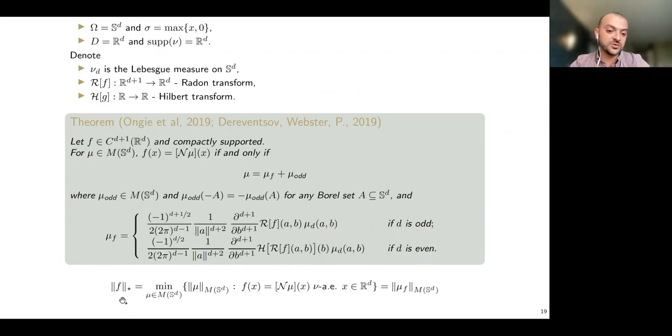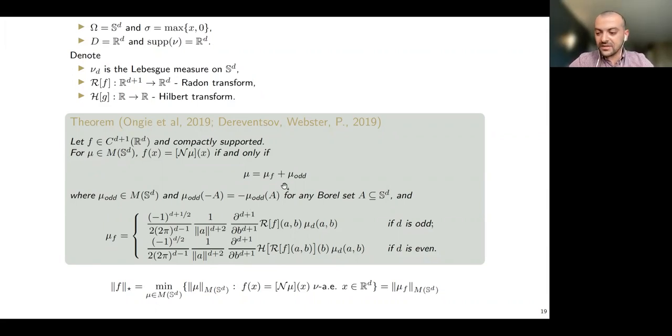If you want this f star to be small, you somehow want this to be small, and that has to do with the smoothness and stuff, right? We haven't really analyzed this formula that much. I don't think anyone has, and I don't think the other authors have analyzed this formula either, but this is what you get. The f star norm is given by this formula.